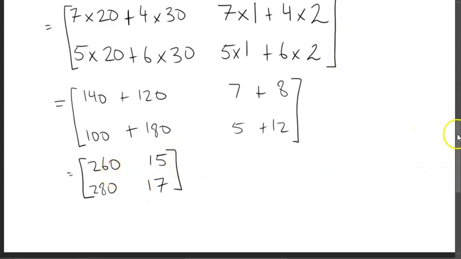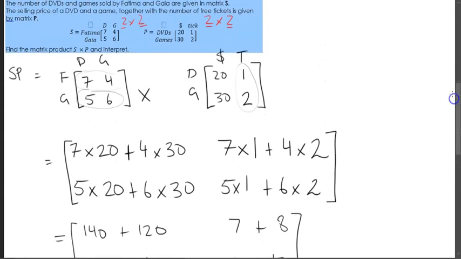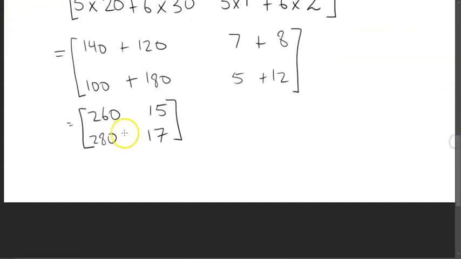How I know what I need to do is, generally speaking, whenever you get your first matrix and you look at the top context here, so the DVDs and games, and you match it up with the DVDs and games here, the top part of the first matrix and the left part, or sometimes right part, depending on where you write it, of the second matrix are the things that you ignore when writing the answer. Or in other words, the F and the G for Fatima and Gaia will go on the side.